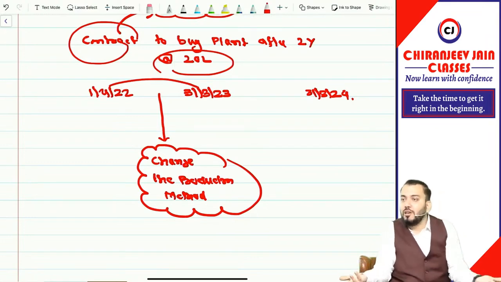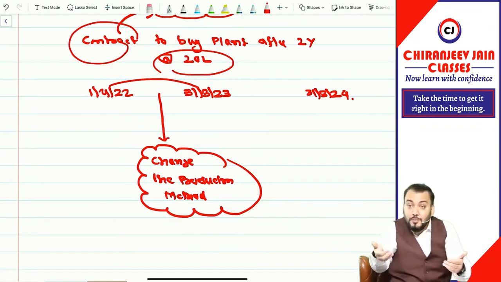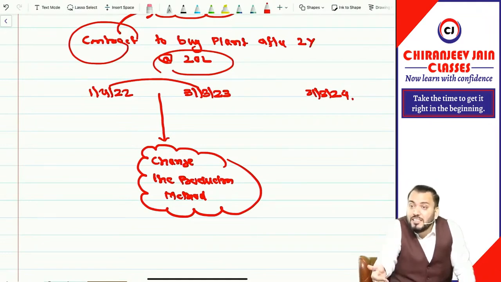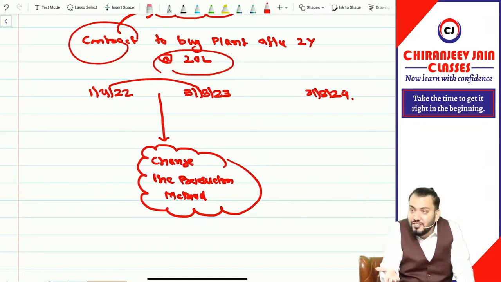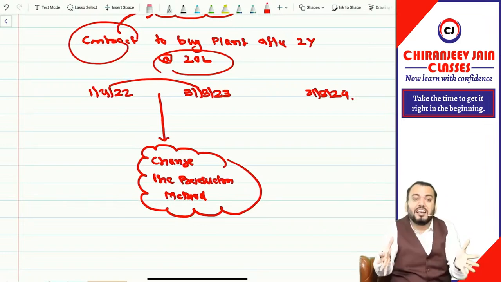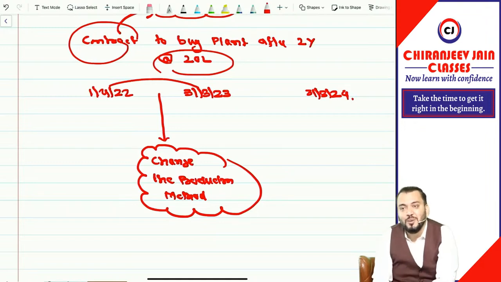Benefit is zero now, or you can sell it at a scrap value. Even though machinery is delivered, it is no more of any use. The cost of meeting that obligation is more than the expected benefit from such contract. When this is the case, the contract becomes what? Onerous.